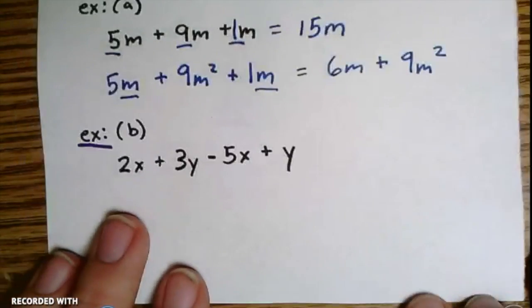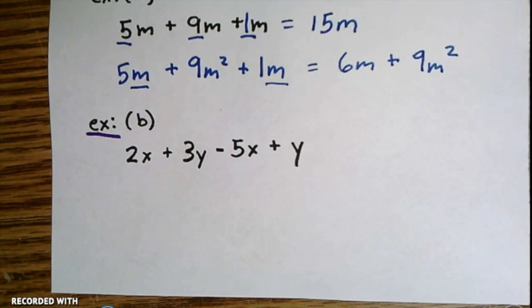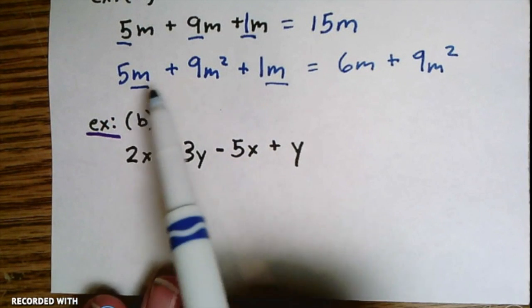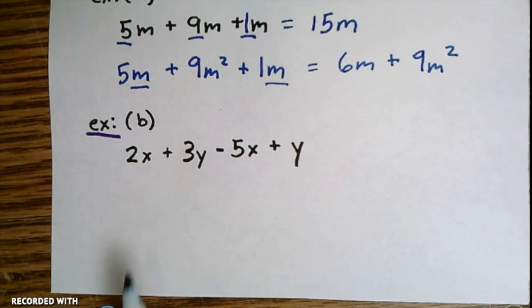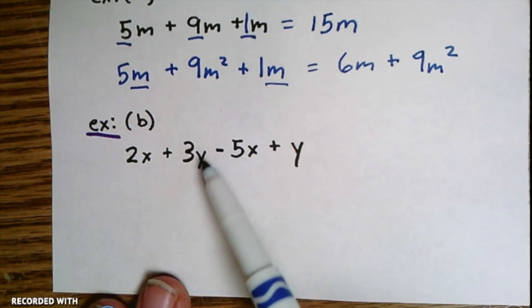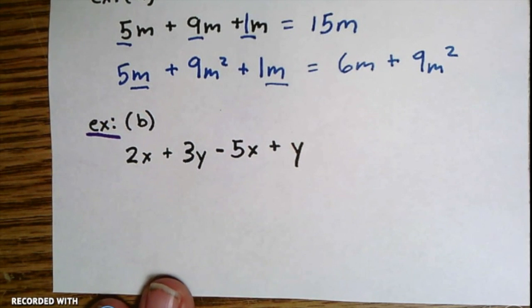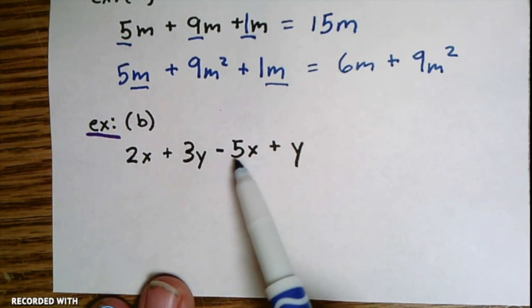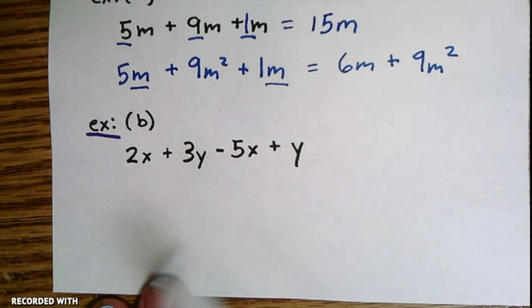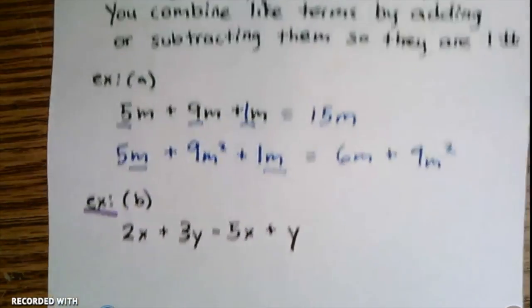All right, I would like you to go ahead and try example B on your own. So use this example to help you. If they have the same last name, you can go ahead and combine them. And remember that if there's a subtraction, it's just like a negative sign. So this subtraction will be attached to the 5x when you are doing that math. I look forward to seeing how you do with that.